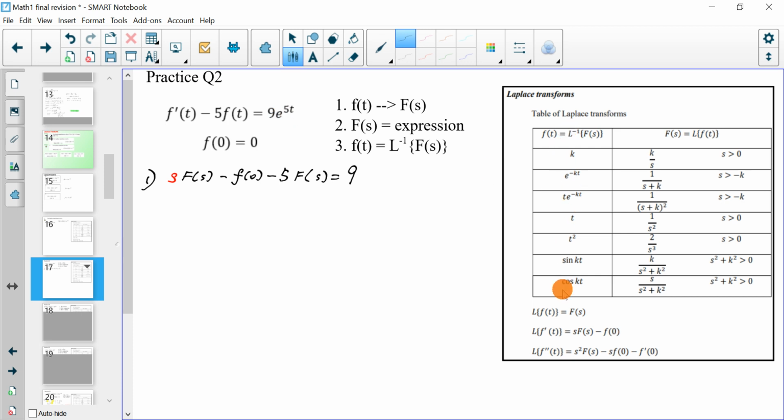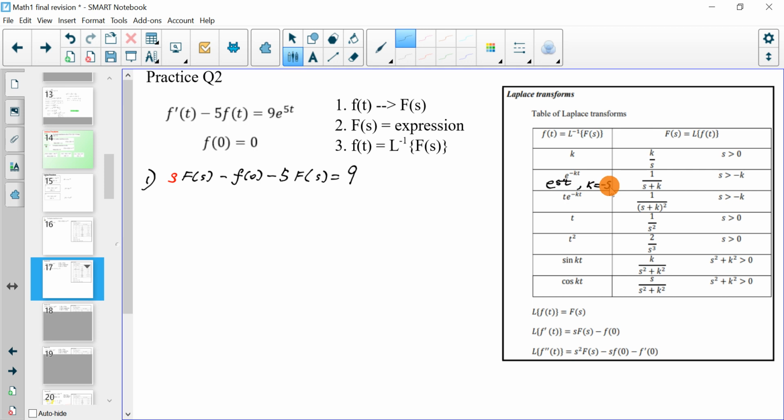I want to look at this table, and I can see that the pattern that will match e to the 5t is e to the minus kt. If I want the coefficient to be 5, my k has to be a negative 5, because minus k is going to be minus negative 5, which becomes positive 5.